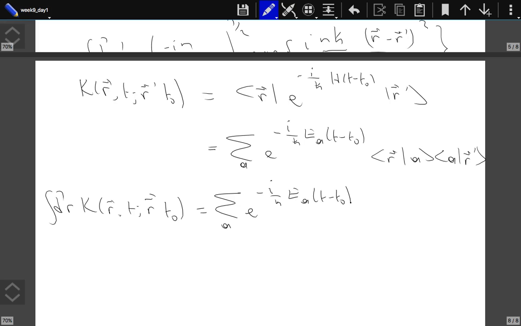Just to see it more clearly, I will change the order of those two factors. But you see, that integral over R is nothing but the identity operator between the bra A and the ket A. So that integral is nothing but the inner product of A with A, which by definition is 1.